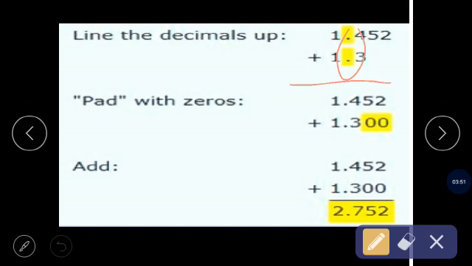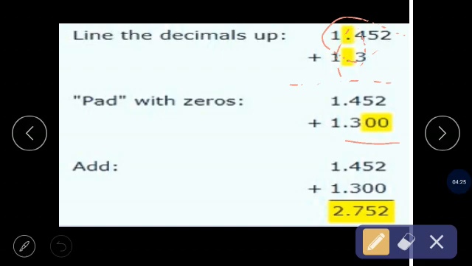First you have to see the maximum number of decimal places. As you can see, here there are 3 maximum decimal places, so the second one also will have 3 decimal places. How many zeros do you require? 2. So here you have added 2 zeros.